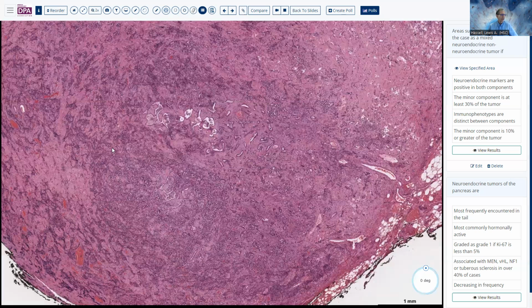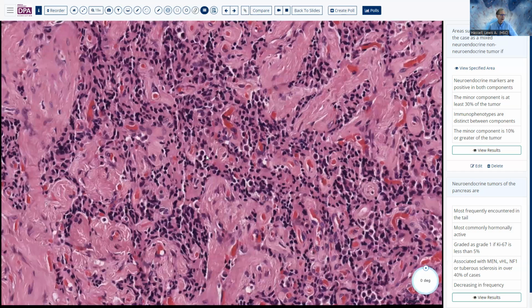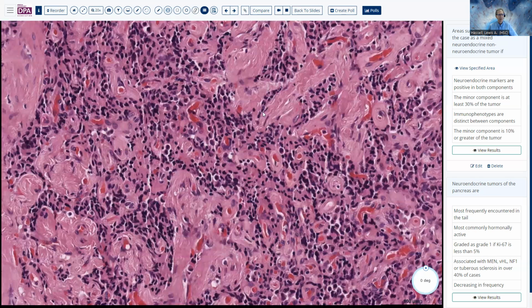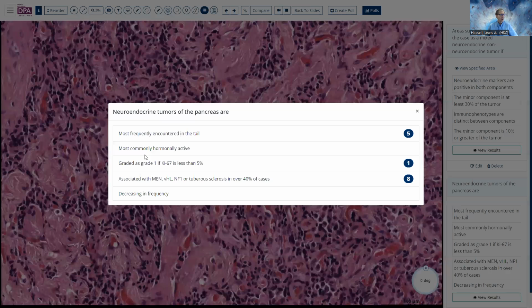And depending on the grade of the tumor, 1, 2, or 3, based on Ki-67 and mitotic index, then we would report that out. So neuroendocrine tumors of the pancreas are typically most frequently encountered in the tail.